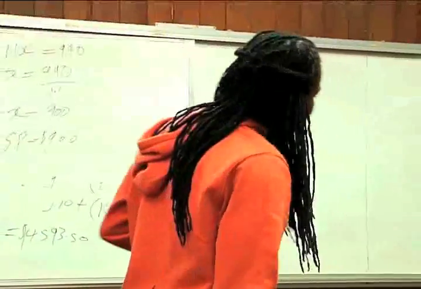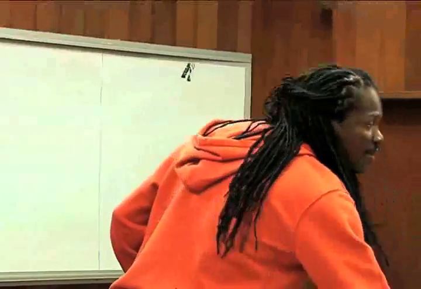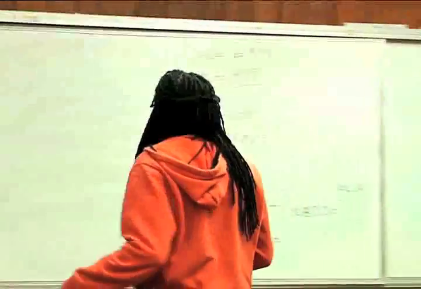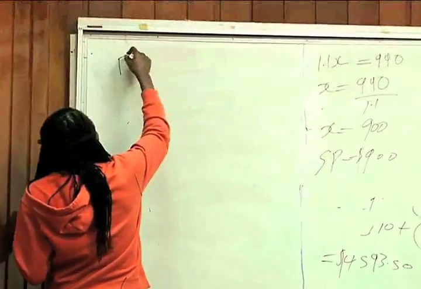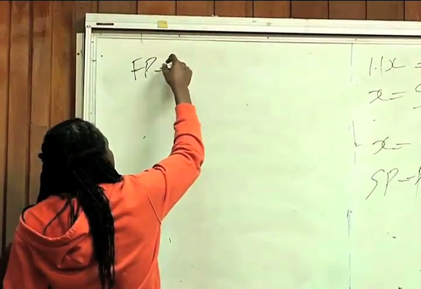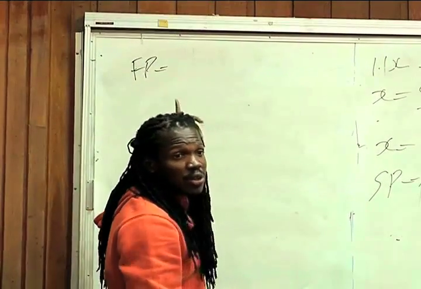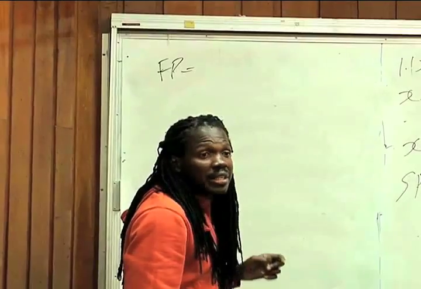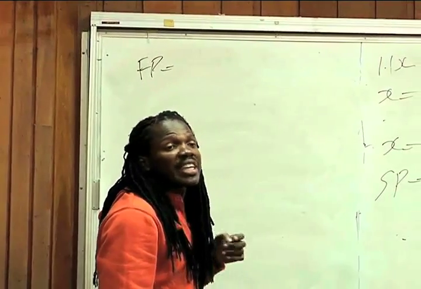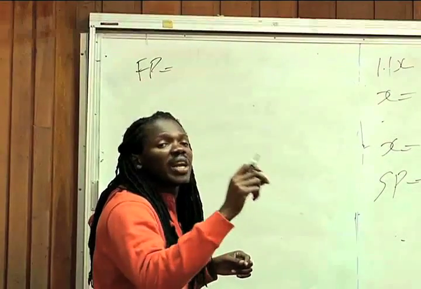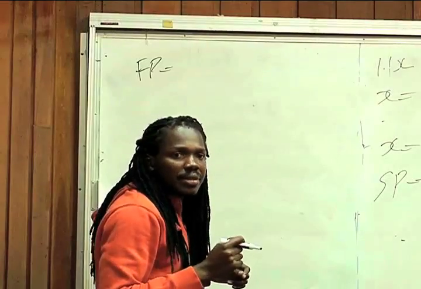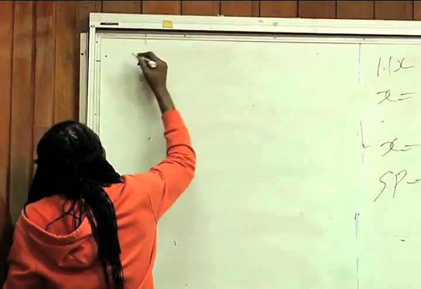What do you know? The woman buys the furniture at what price? Furniture price. By the way, you have to first write out the thing, because they're not going to know what FP is. So you have to say furniture price equal FP equal. You understand? You have to do it so.